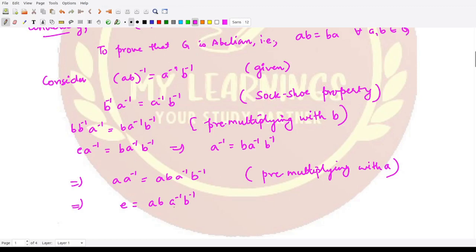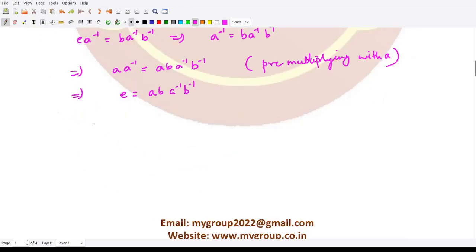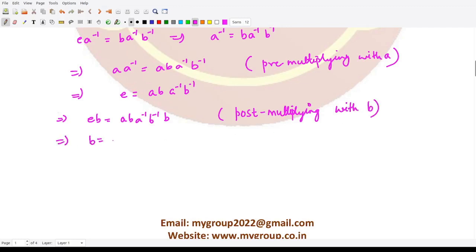Next, we wanted to get rid of these inverses, so we will post multiply by B on both sides. So it would be EB is equal to A inverse B, right? Post multiplying with B. So this would give us B is equal to A inverse, correct?